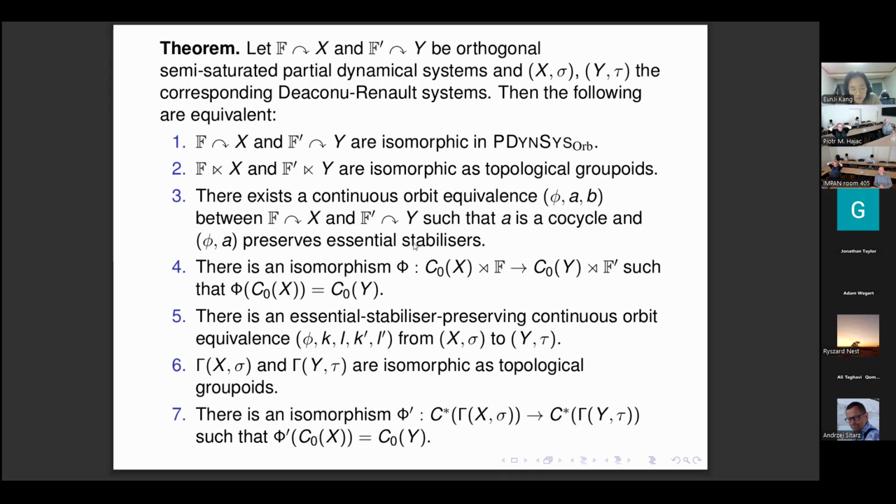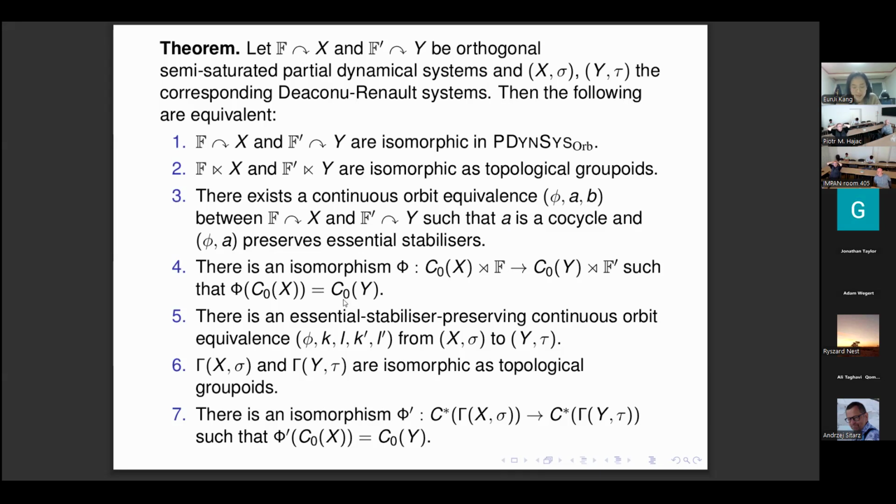And the fourth: there is a diagonal preserving isomorphism between the cross product of the C*-algebras and also the diagonal Boolean system associated to this partial dynamical system.